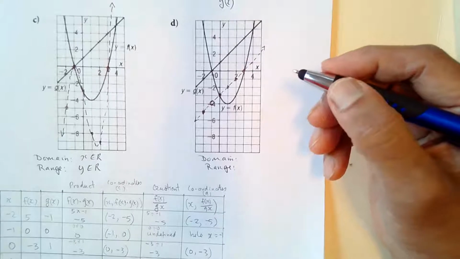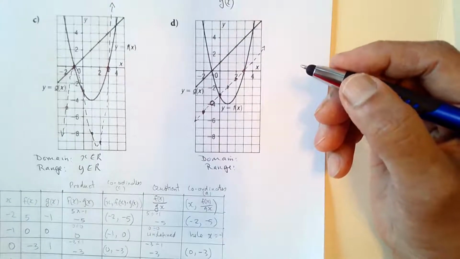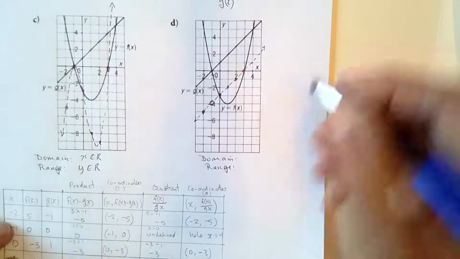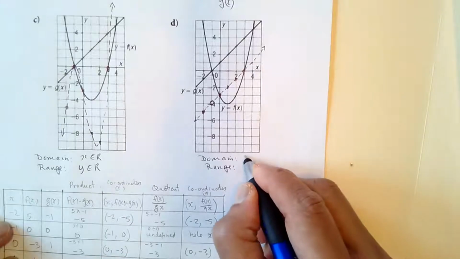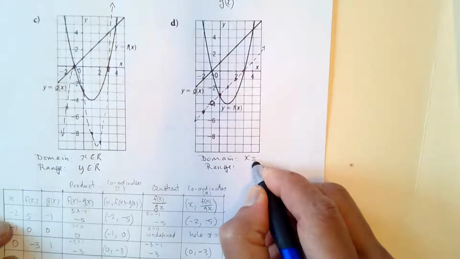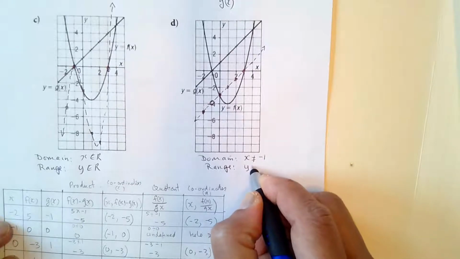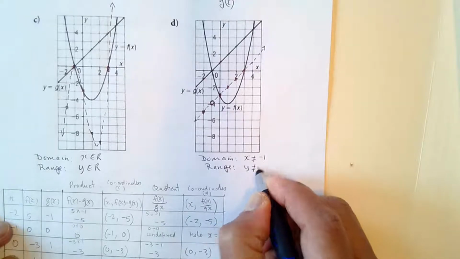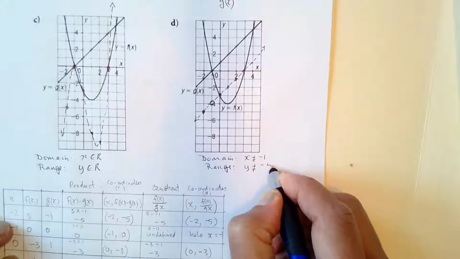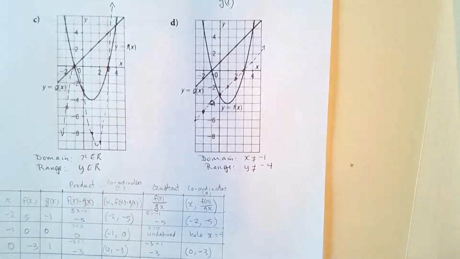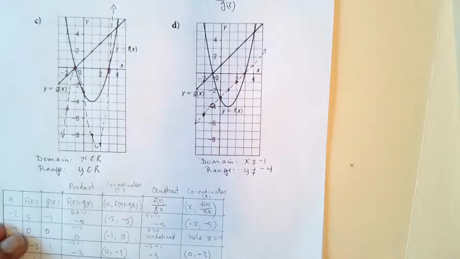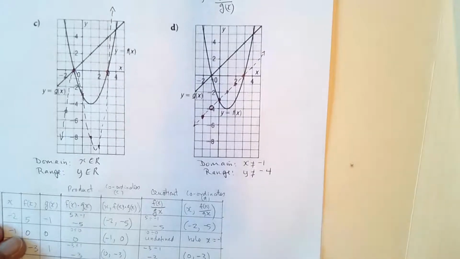So now we have a restricted domain and range. So it's a straight line, so it would be all of the x except where x equals -1 and the range where y is not equal to -4. So that's my domain and range for that graph.